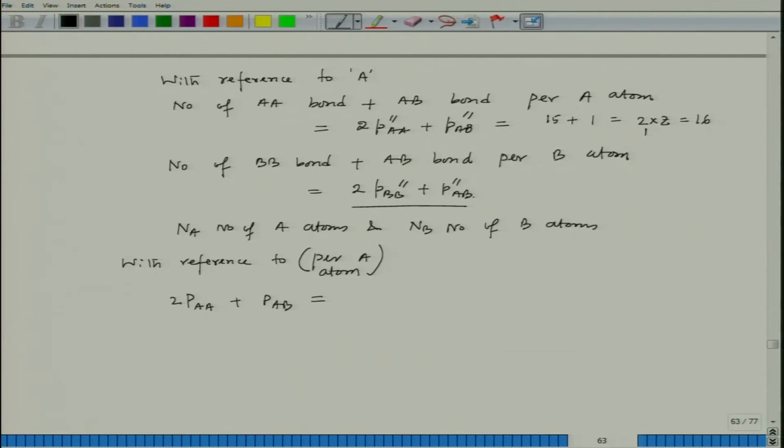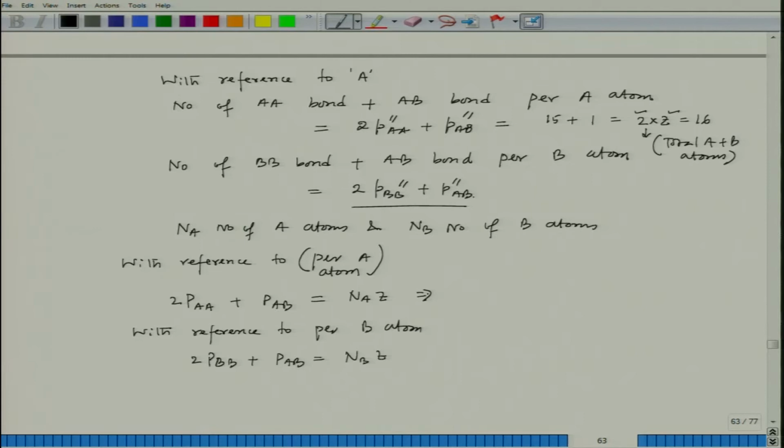and this 2 I can consider total A plus B atoms. So, this would be again Na Z, because here I am considering 2 and Z. So, Na Z. With reference to per B atom, after mixing, 2 PBB plus PAB equal to NBZ.